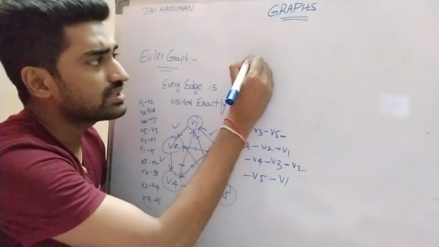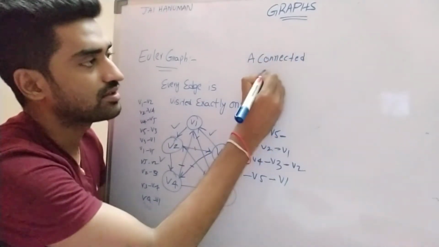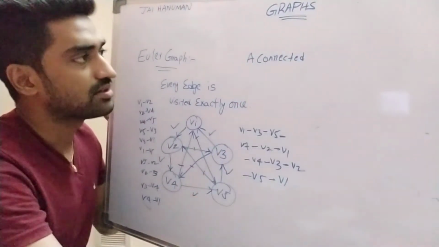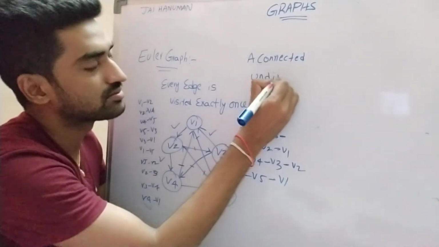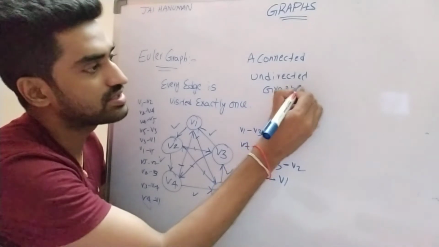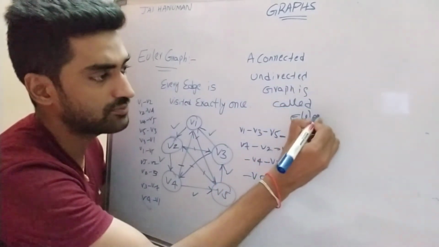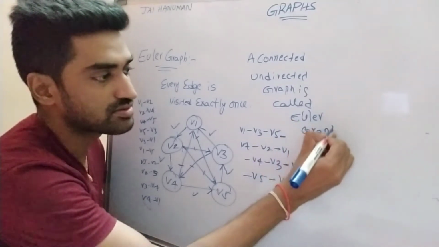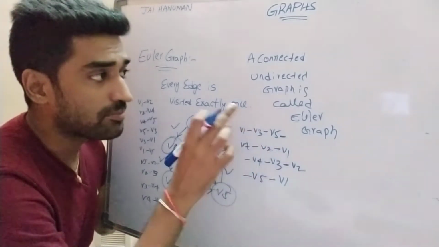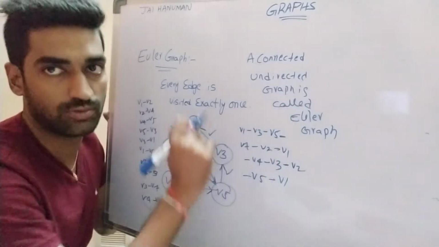A connected undirected graph is called an Euler graph if, for undirected graphs, every vertex compulsorily has even degree only, right?